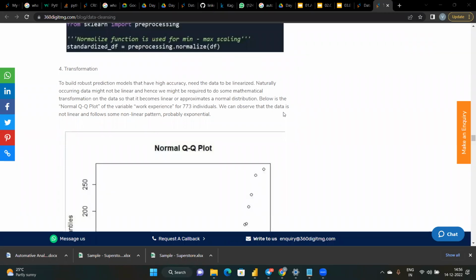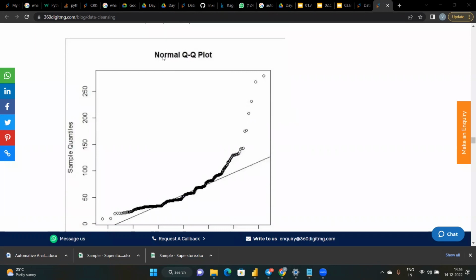So to make you understand better things, guys, you can always consider the QQ is nothing but quantile plot. Okay, nothing but quantile. So what is this quantile plot is going to tell?